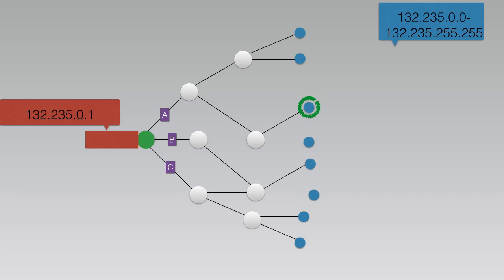Instead, we do the same thing we did at the other node. So for example, 132.235.67.0, where the network's defined as the first 24 bits, is the ITS lab in Schoonover Center.